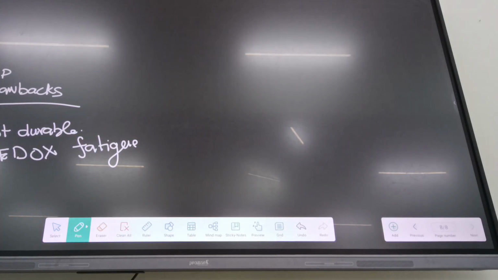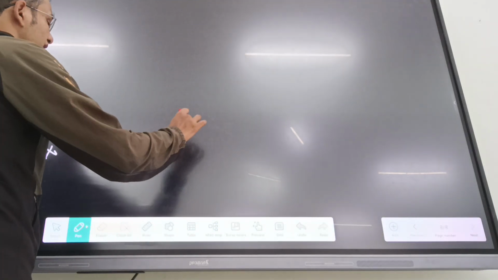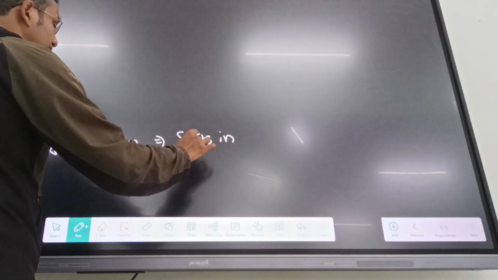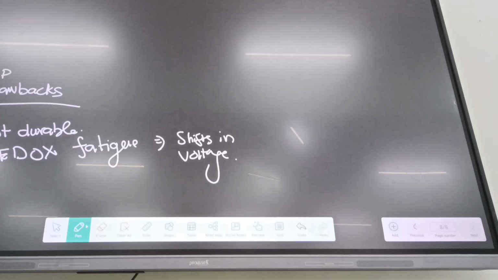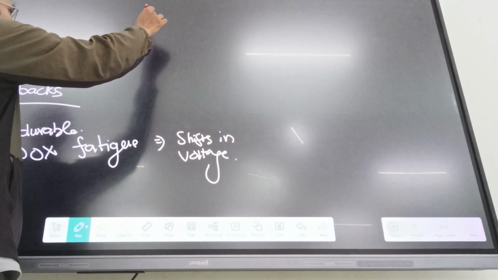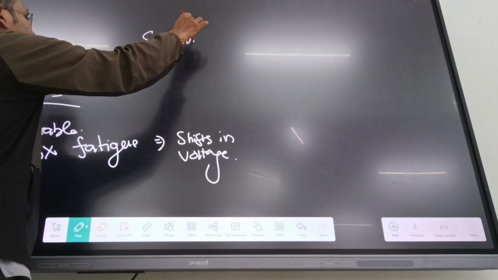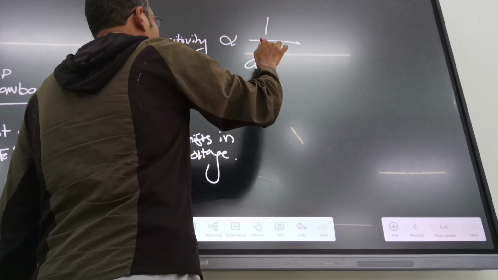Redox fatigue means that the voltage difference, delta V, that it should have got actually shifts in voltage. It's not durable. So if we want to increase sensitivity, it becomes inversely proportional to durability.